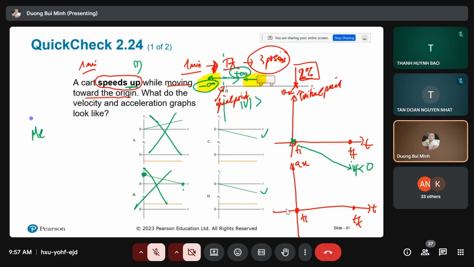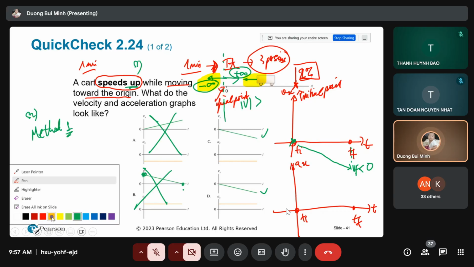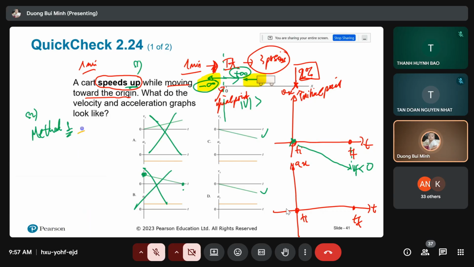Step 2, method 1. Method 1 is what? We consider the slope. Look, this is the slope. This is the first quadrant, the second quadrant, the third quadrant, and the fourth quadrant. So this is the fourth quadrant.